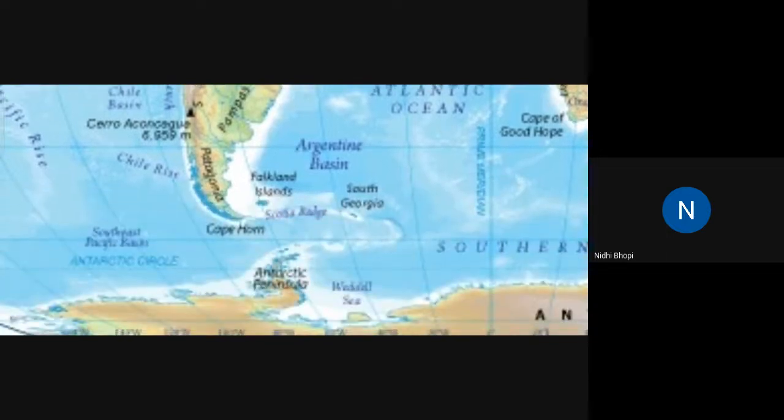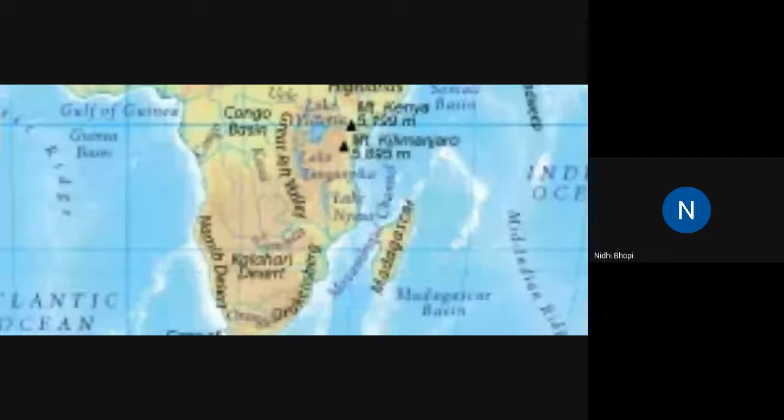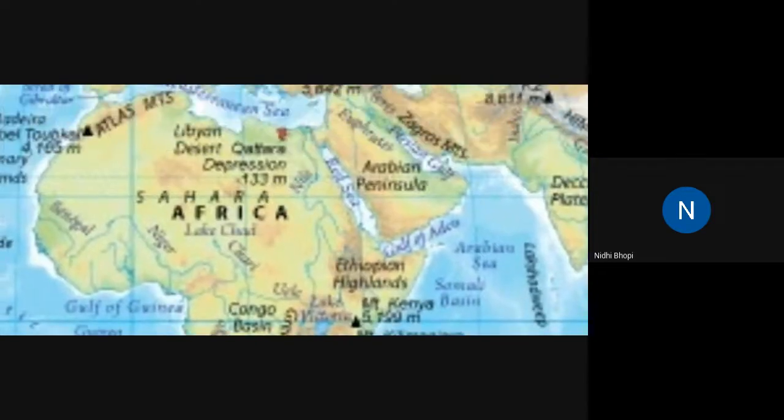This is physical. Kalahari Desert. Then we will have the Sahara Desert, the biggest desert in the world.